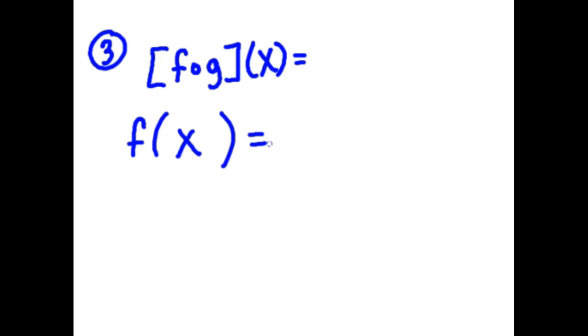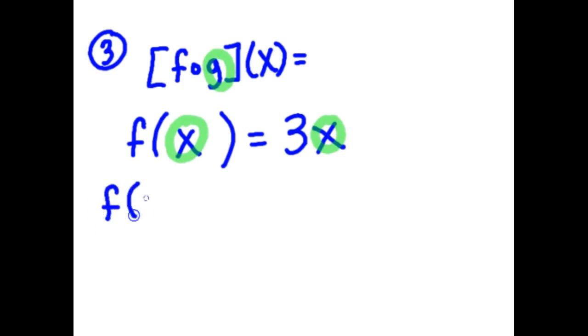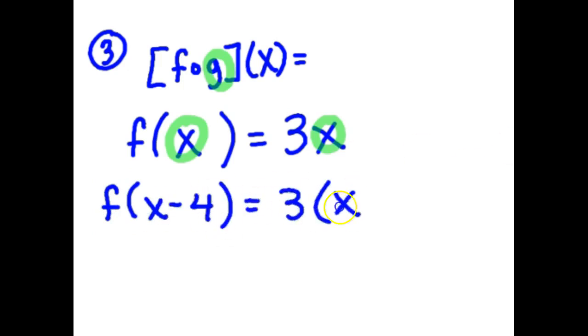So that would be, you see where I got that on problem number 3? And in place of the x, I'm going to substitute the function that's called g. What is that? G is x minus 4. In place of the x, I'm going to substitute the function called x minus 4.